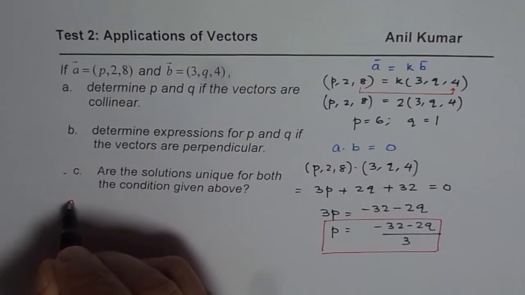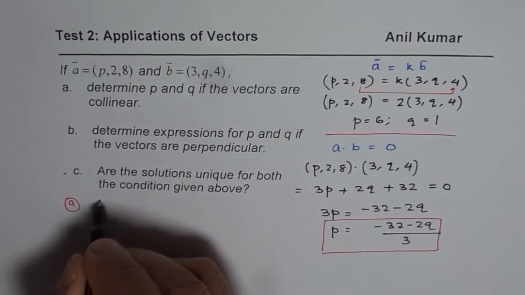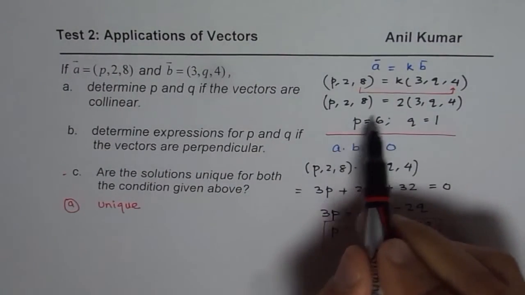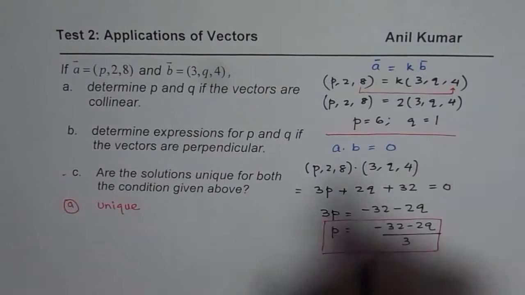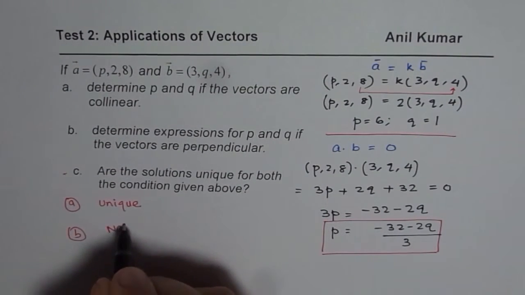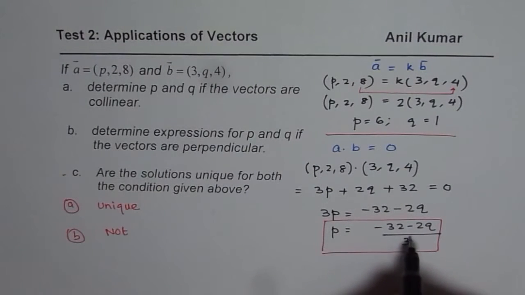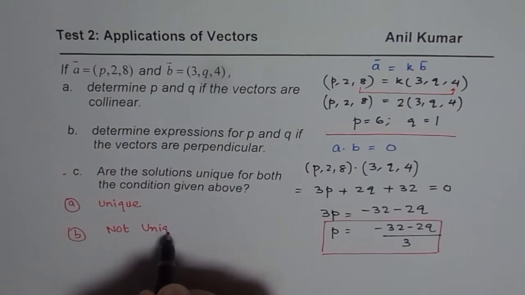Let's consider condition A. For condition A, it is unique, since there is only one combination which can make them collinear in this particular case. However, for condition B, it is not unique, since we can have different values of P and Q which can satisfy this particular relation. So part B is not unique.